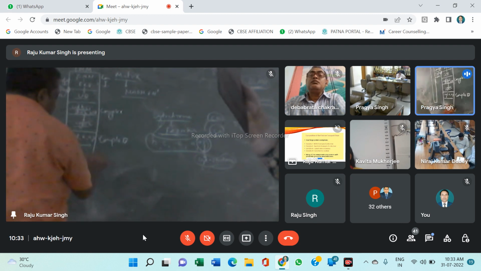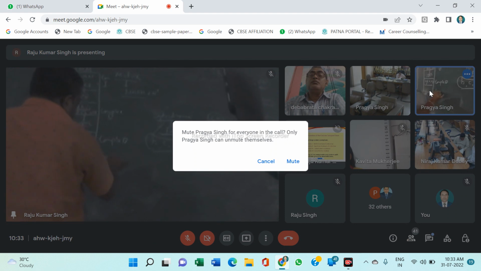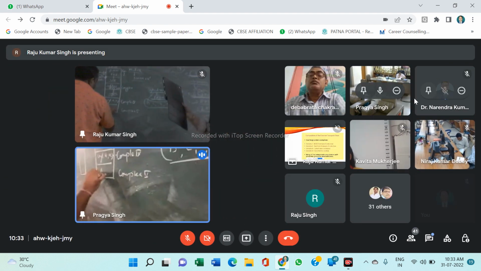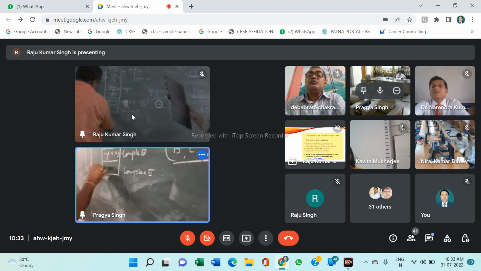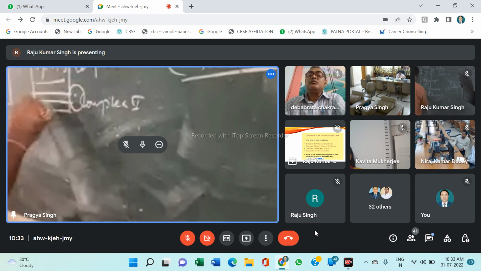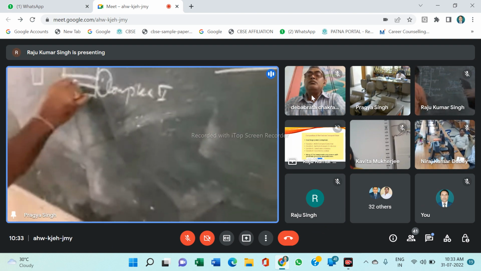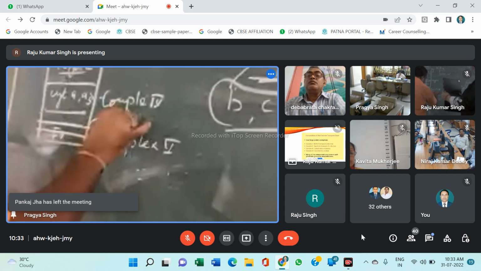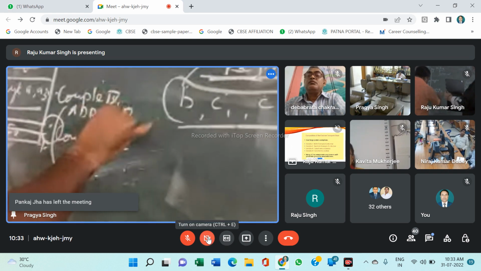Okay, and here we have complex 5. Complex 5 is your ATP, it is like this. This is F0, F1, and there is the formation of ATP here.